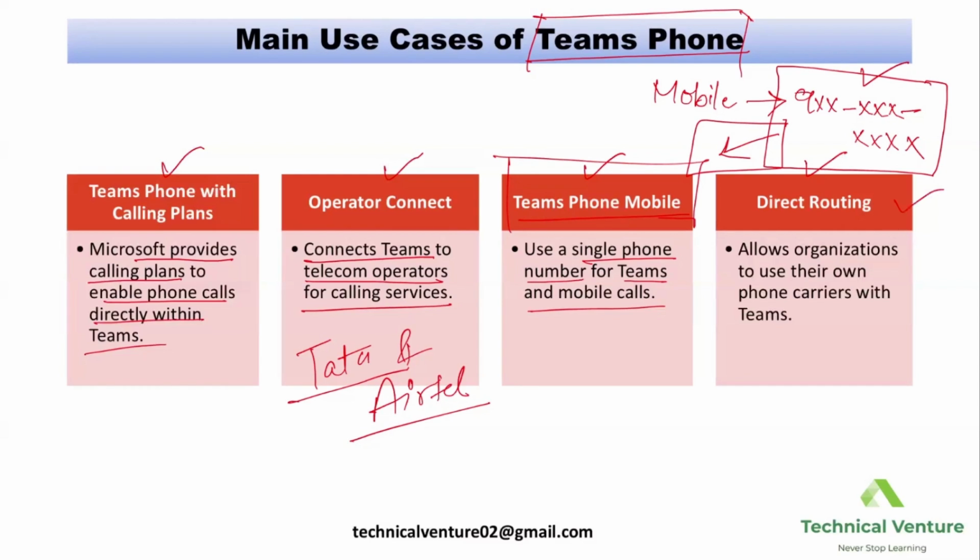Then we have direct routing, which is most important nowadays. Why am I saying it's most important nowadays? Because it allows organizations to use their own phone carriers with Teams. Let's say you are already using existing infrastructure and you want to utilize that as well.